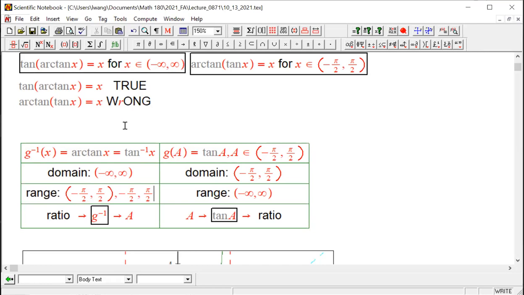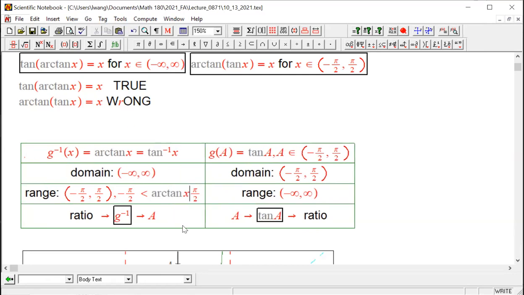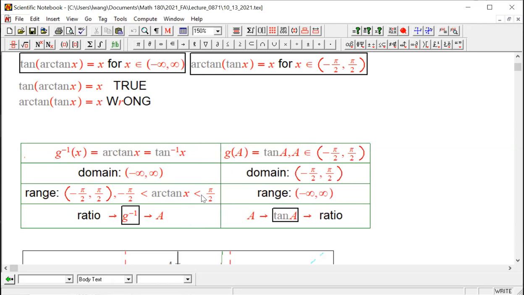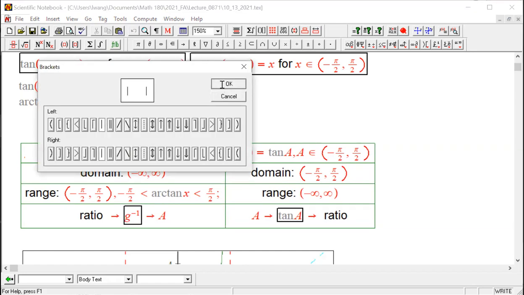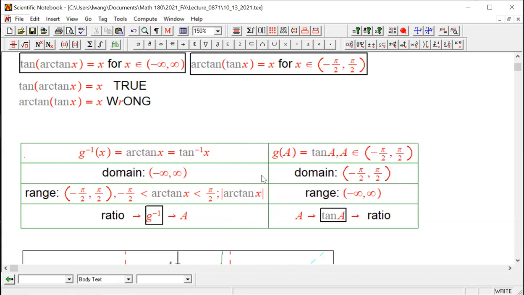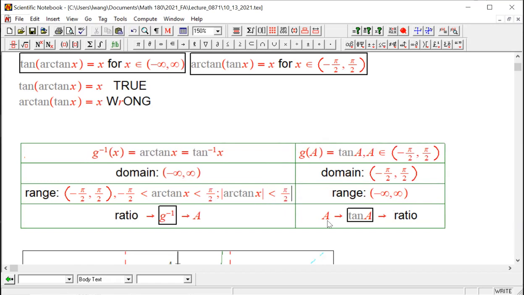Number one, it's between these two, or the absolute value of arctangent is less than pi over 2. A lot of these will show up on your exams, and I will test you to know how to use these inequalities.